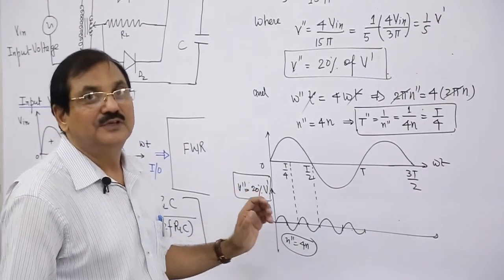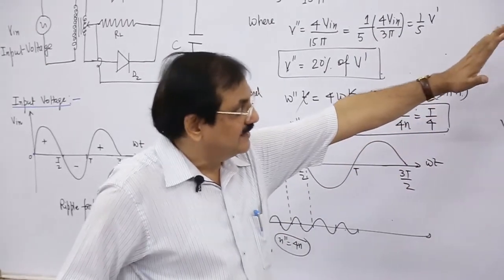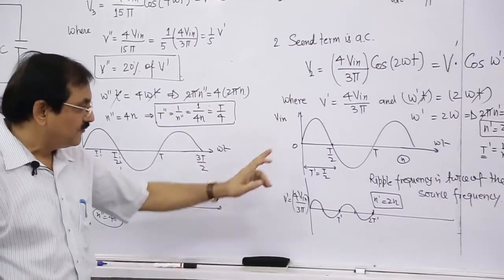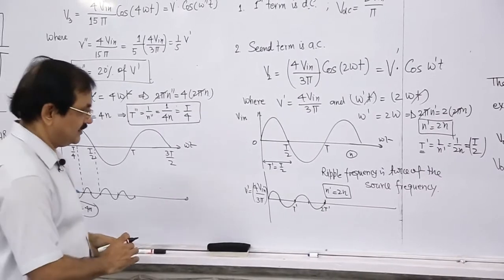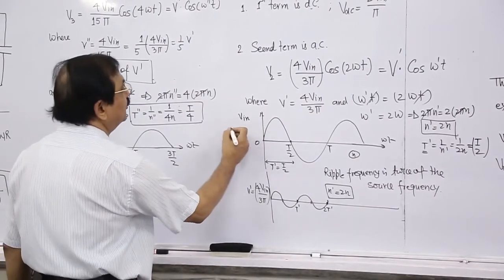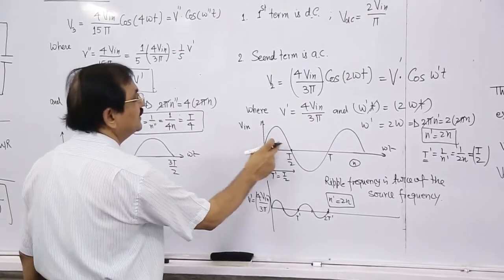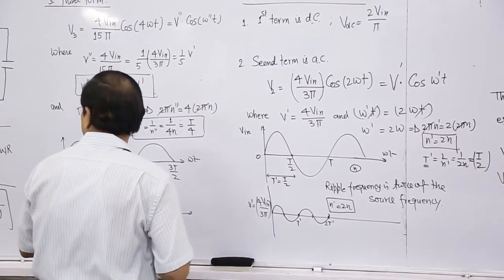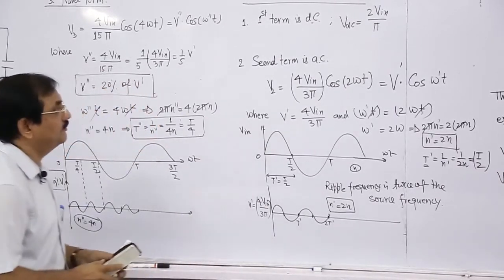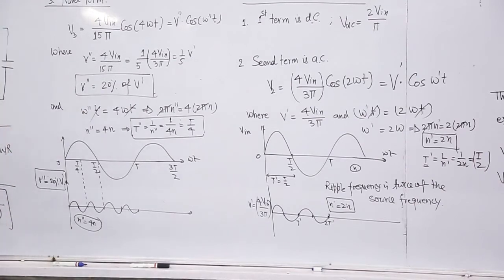If you try to visualize these Fourier terms, this is the input. If you try to see the complete wave in terms of the harmonics using Fourier.